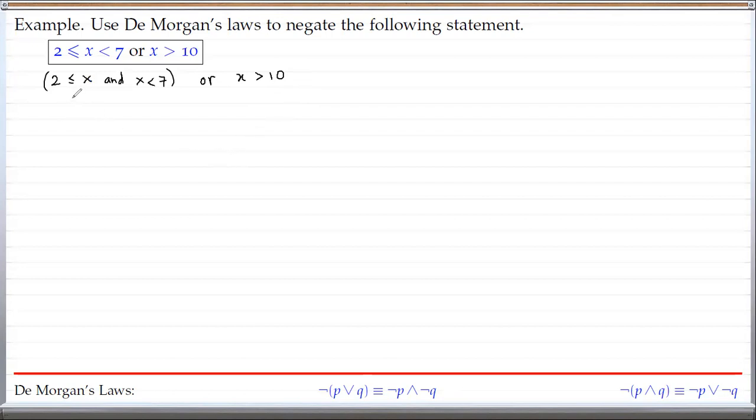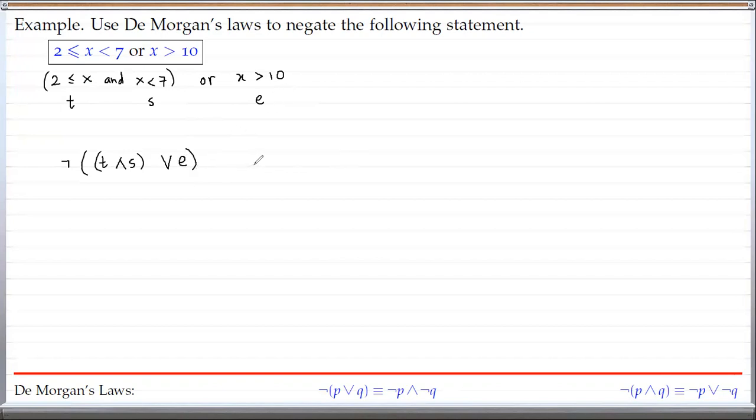Let's denote the first one by T, the second one by S, and the last one by E. So we have statements T, S, and E, and we want to find the negation of T and S, which is the first part, or E, which is the second part here.